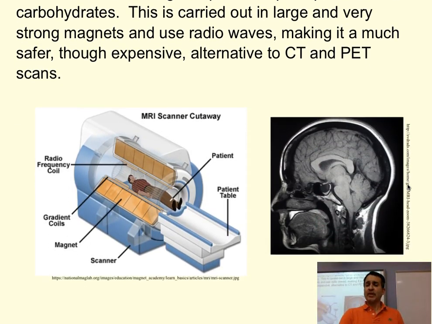Now, the wonderful thing about MRI is that it's non-invasive. It does not have radiation, so it's a little bit safer compared to CT scans or PET scans, because those have ionizing radiation, but it tends to be a little bit more expensive. The price has gone down as the technology has improved.